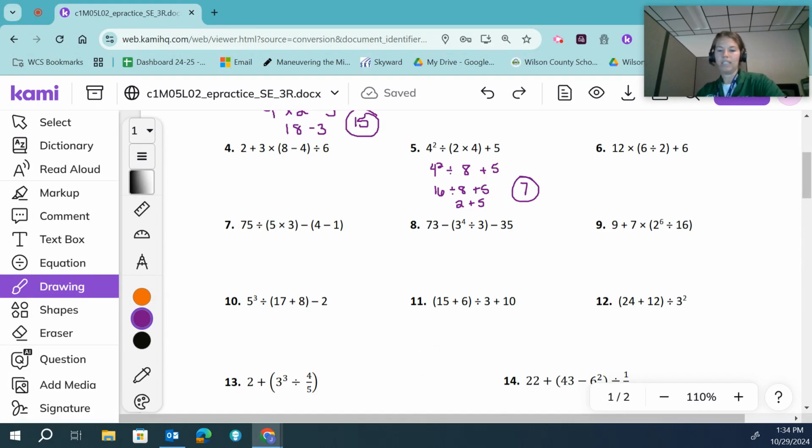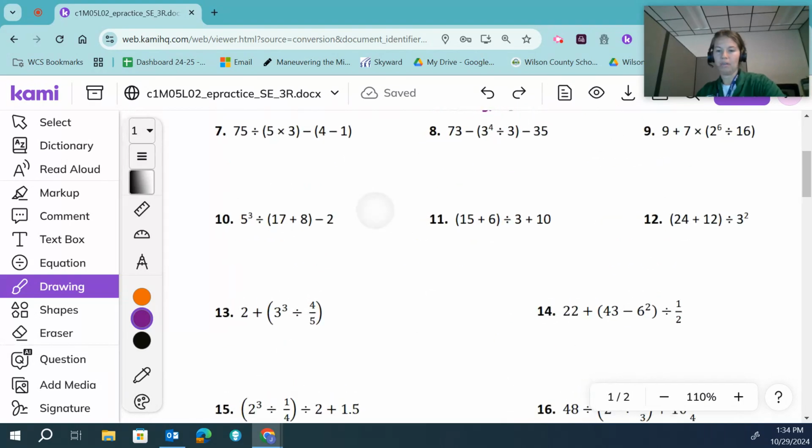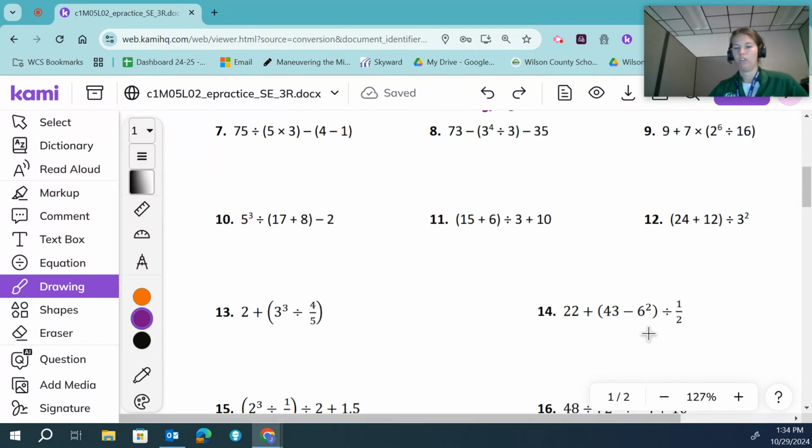Now let's come down and take a look at number 14. We have a fraction involved here. So grouping symbols first. 22 stays the same, plus. Now within my grouping symbols, I am going to re-follow the same process.